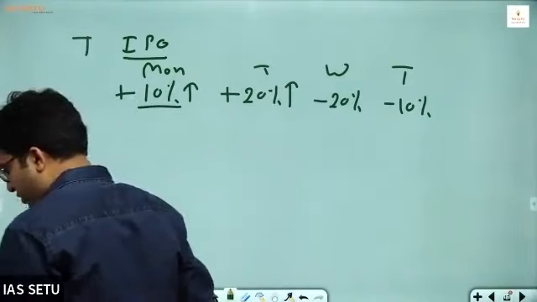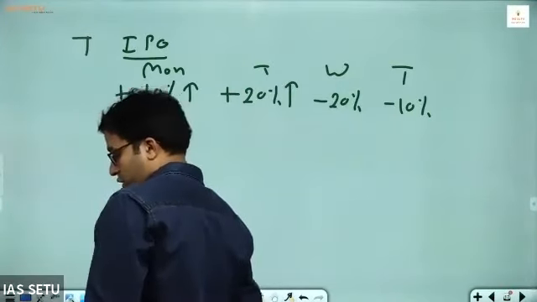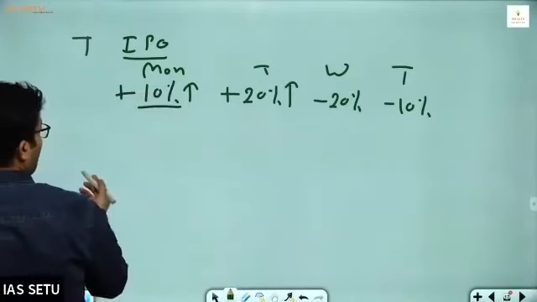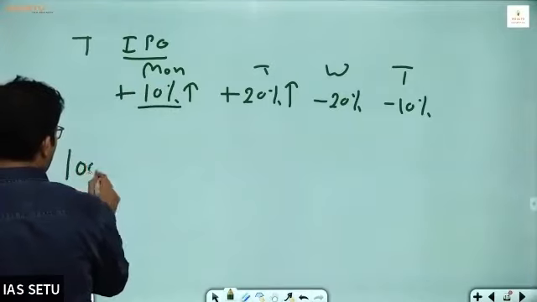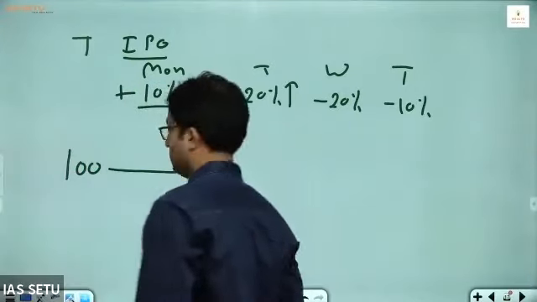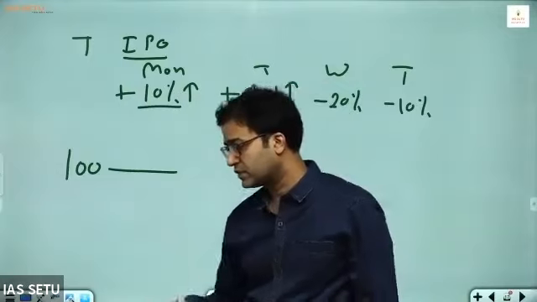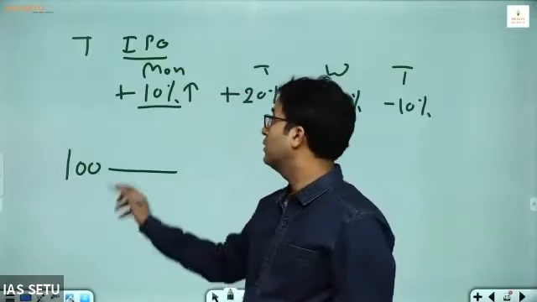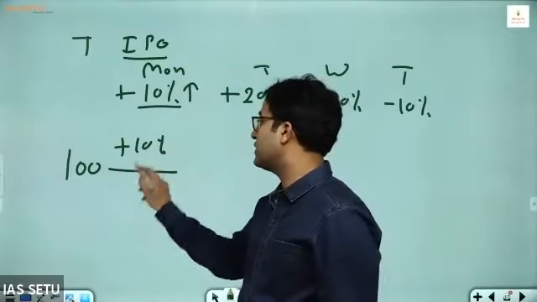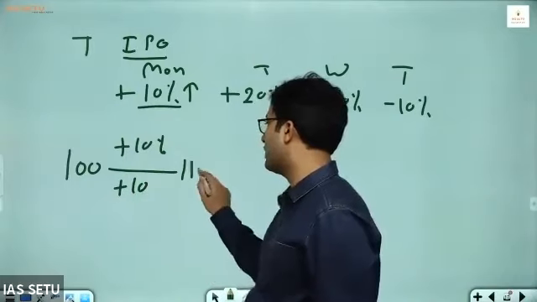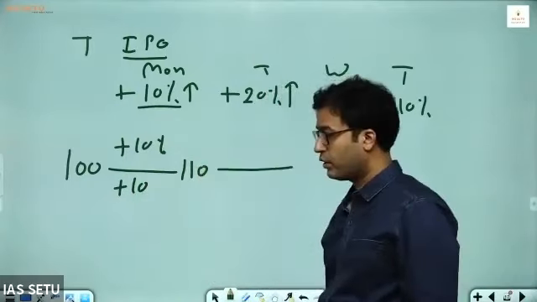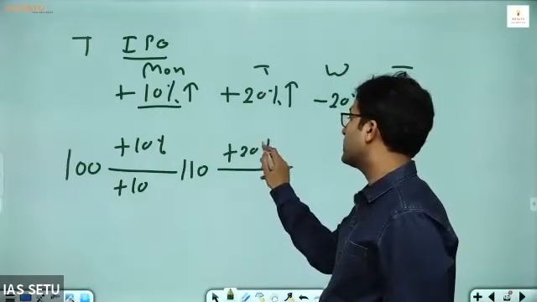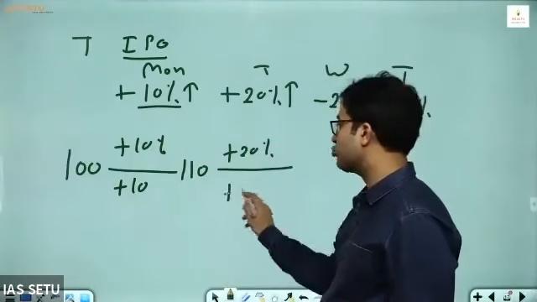Okay, 4.04% increase, you are saying, Chander. 5.56% decrease. Start with 100. 10% increase, so it becomes 110. 20% increase, 20% of 110 is 22.